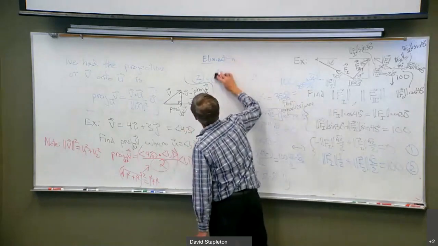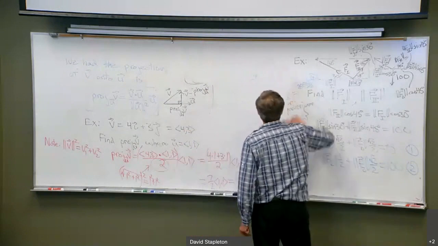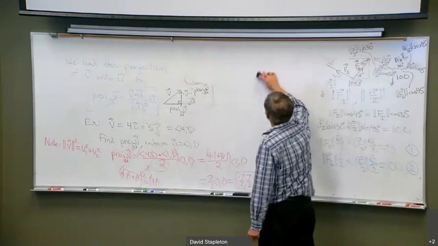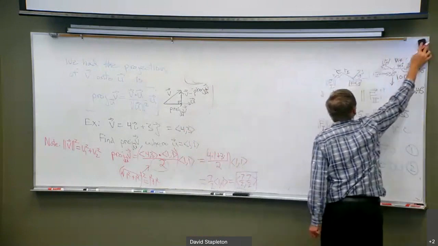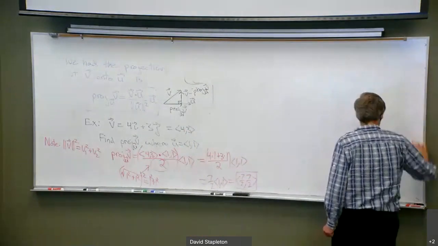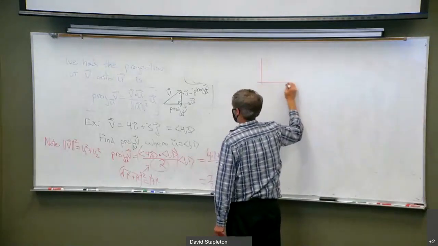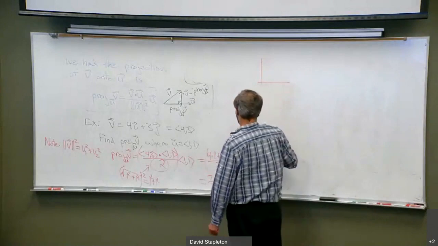I'm going to draw the picture for this. Kind of neat. Now we've got the same picture as before, but at an angle. Let's put these at the origin again because it's easier to work with vectors there.